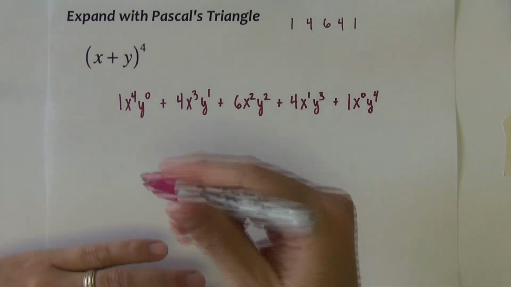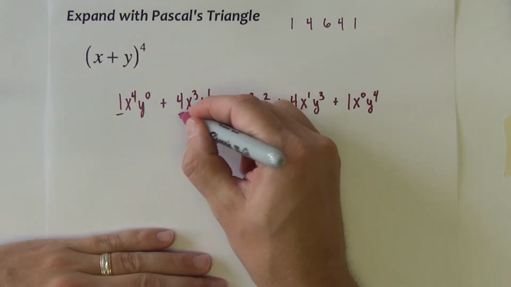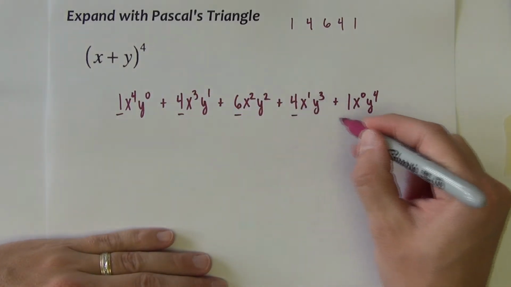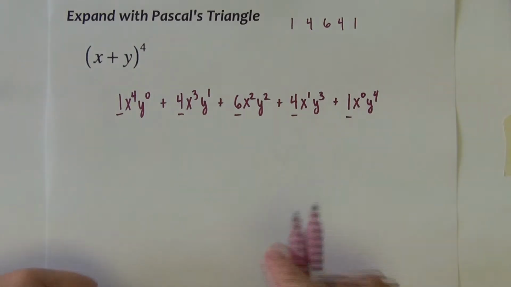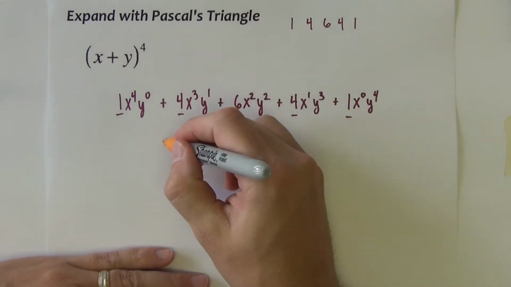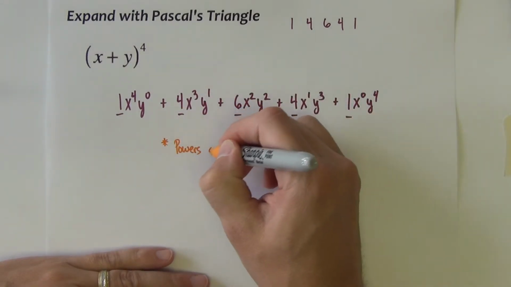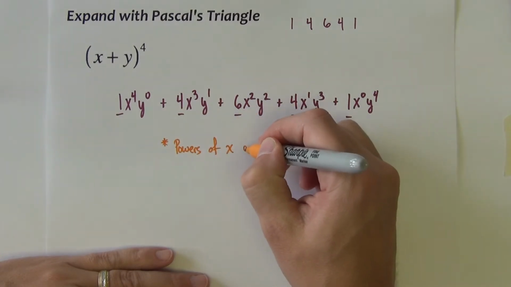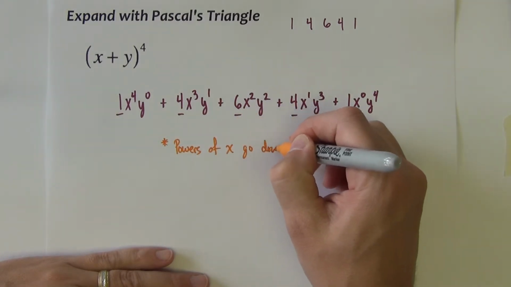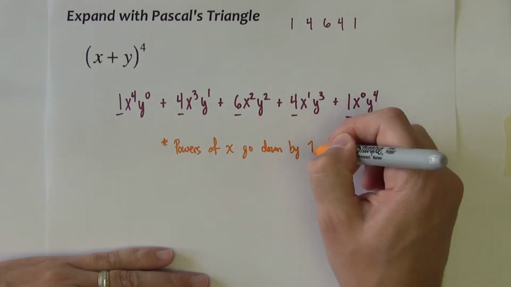Now you do no doubt see the 1, 4, 6, 4, 1. Okay, those are the coefficients coming from the row in Pascal's triangle. What you might also discover as I set this up is that the powers of x go down by 1.